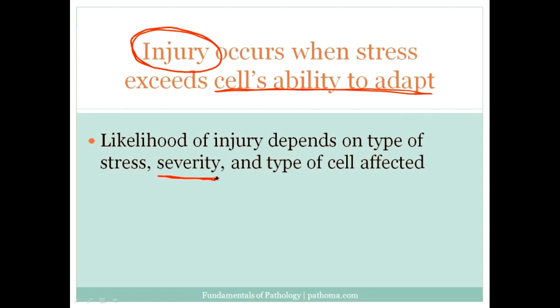Here we see the same theme: we cut the blood supply in the renal artery, but a slow, progressive cutting of the blood supply would result in atrophy of the kidney, whereas a rapid, complete cutting off of the blood supply of the renal artery would result in infarction and injury of the cells.